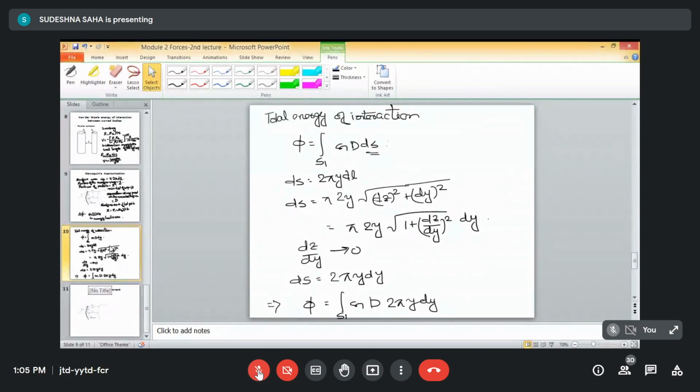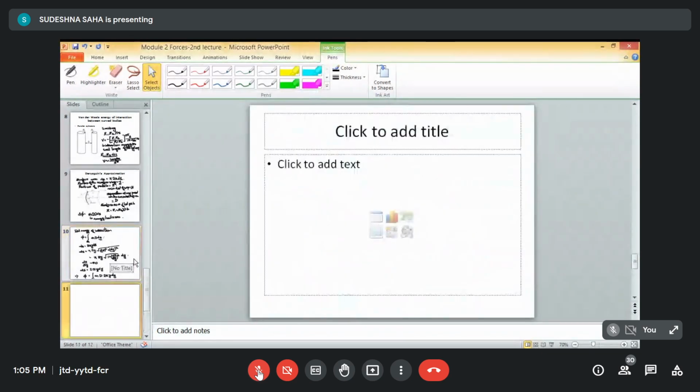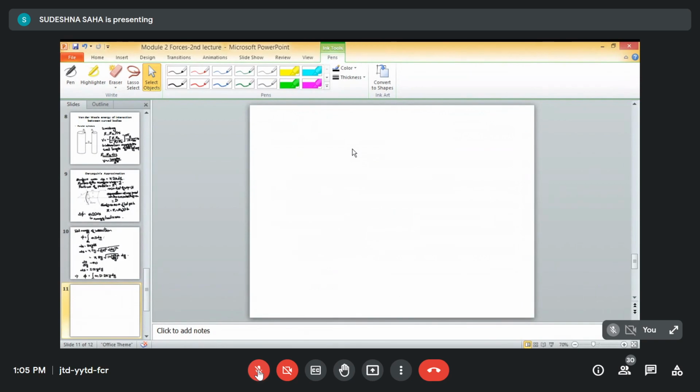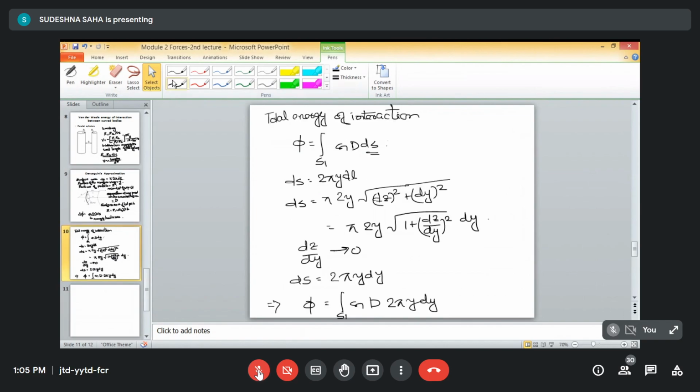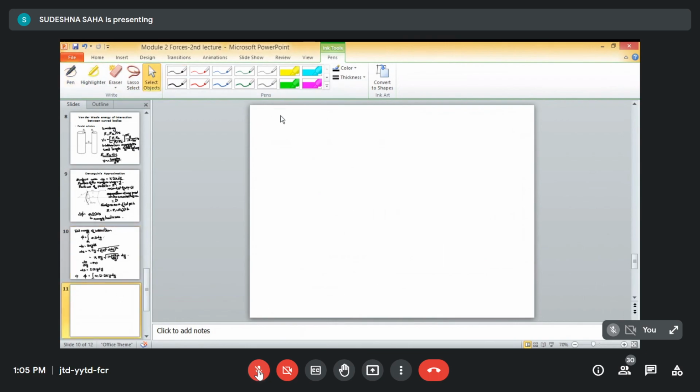So then we can further write it. Basically, for this integration, we can use the Pythagoras theorem in order to write like this.